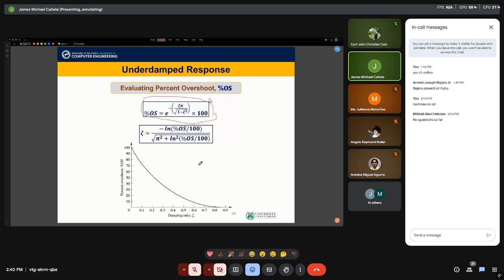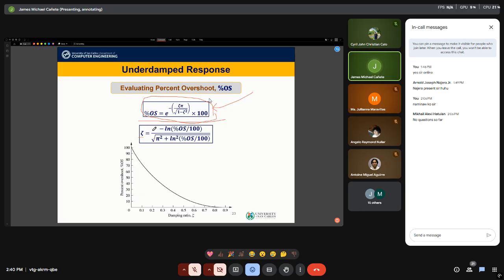Percent overshoot, very fun. It is in the textbook how to derive it. I did it one time, it took me 30 minutes to do this on the whiteboard. I will explain it, and then in the end, just accept it as well. If you rearrange this, you can actually use this formula to solve for zeta, or the damping ratio.